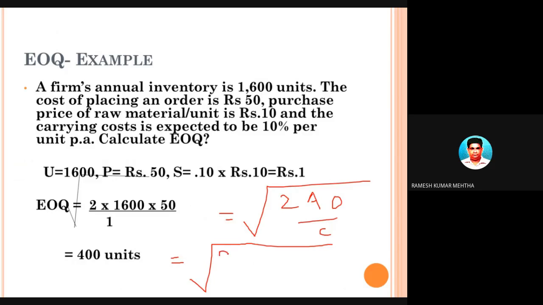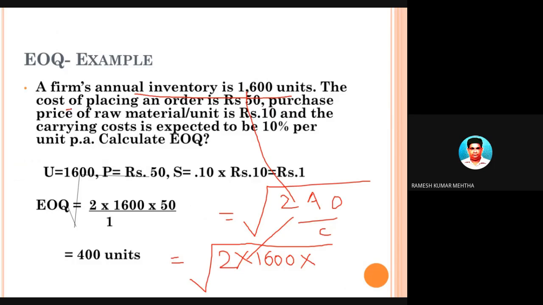That is equal to 2, the figure I have taken. A is the annual requirement, which is given as 1600 units, so multiply it with 1600. Then O is the ordering cost.